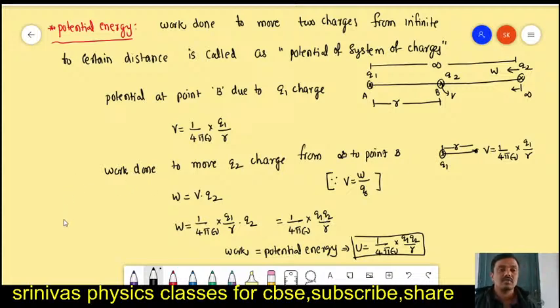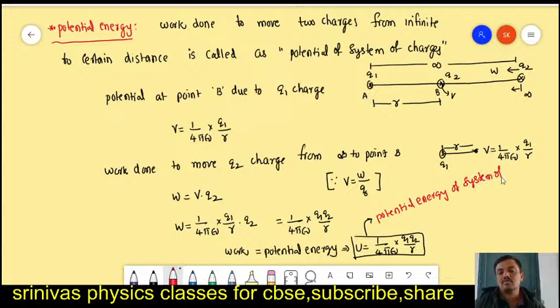If two charges Q1 and Q2 are separated by a certain distance, this is the potential energy of the system of charges.